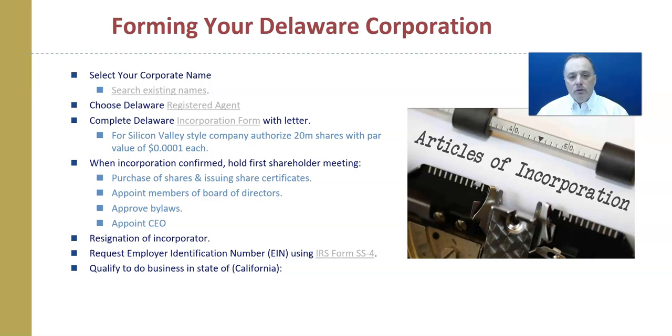And then if you're from outside of Delaware, like California, you need to qualify to do business in your state. So using California as an example, you need to get a certificate of good standing from Delaware. California or your state needs to know that your company is duly formed in the state of Delaware. There's a cost for this. It's like $10 or $20 or something from Delaware.